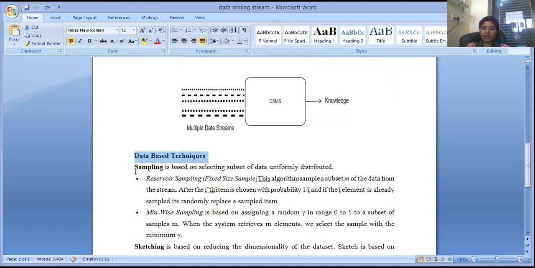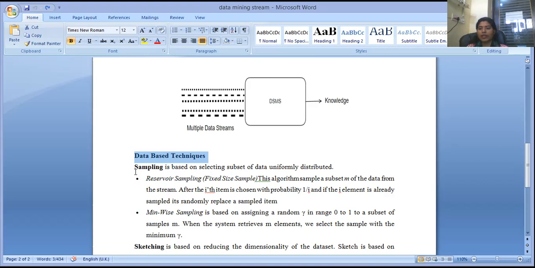Sampling is based on selecting a subset of the data, either non-uniformly or uniformly distributed. And reservoir sampling fixes the size of the sample. This algorithm samples a subset m of data from the stream.